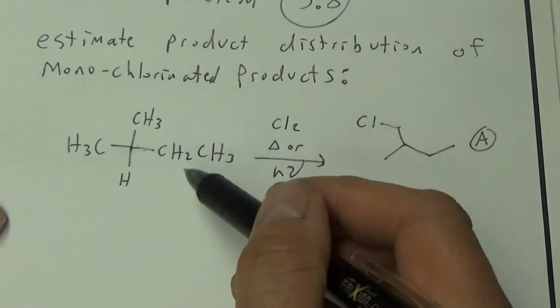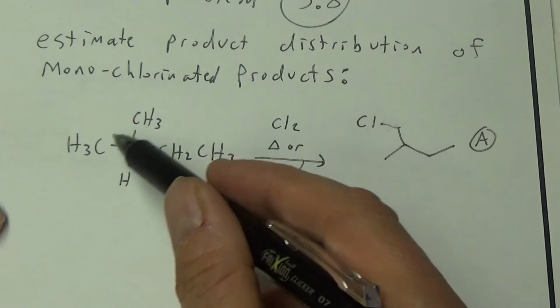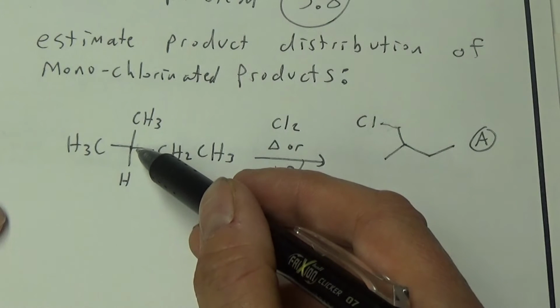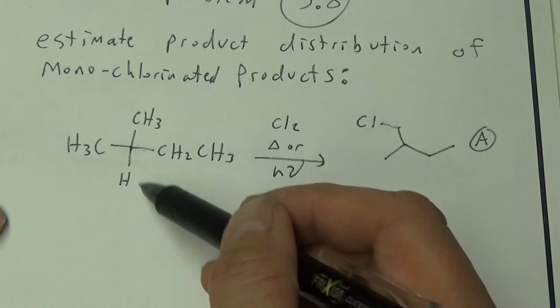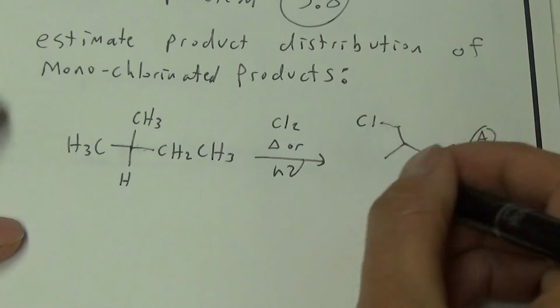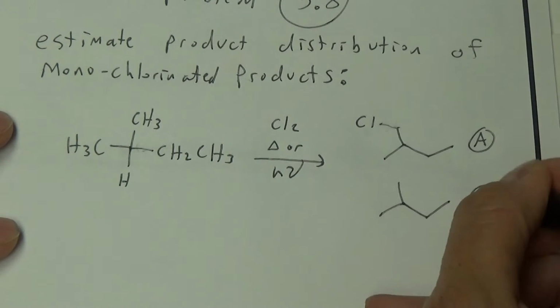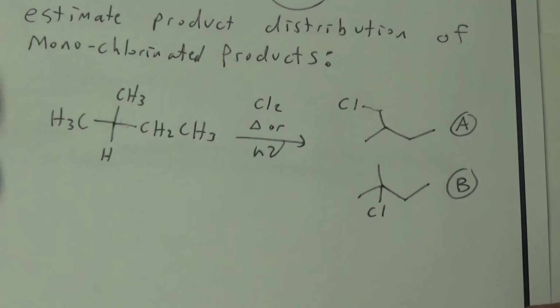I like to just be systematic and go left to right. So we address these 6 hydrogens, and the next carbon left to right is the central position. So maybe you could chlorinate that position. That's maybe product B.